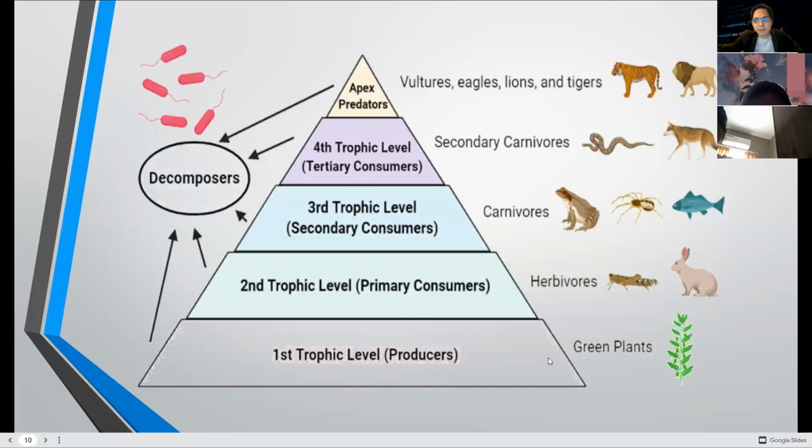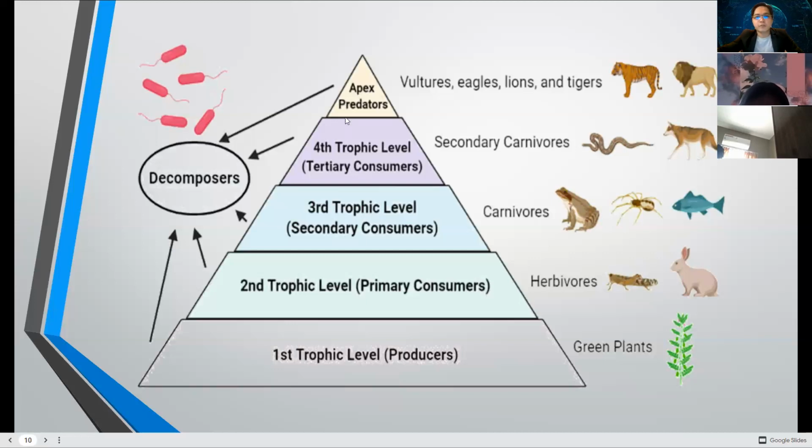The first trophic level are producers. The second trophic level is usually composed of primary consumers, that's the herbivores. The third trophic level is composed of secondary consumers, and it could be a carnivore or omnivore.